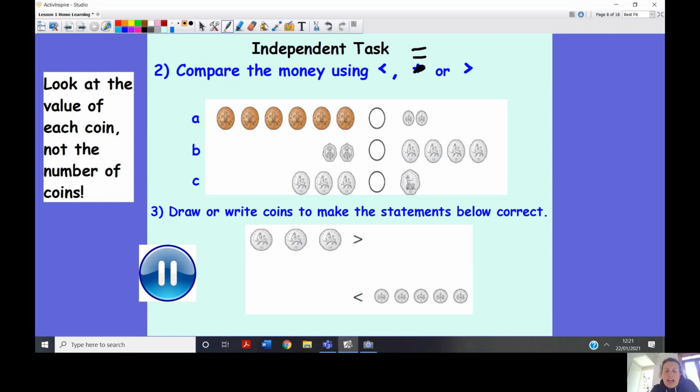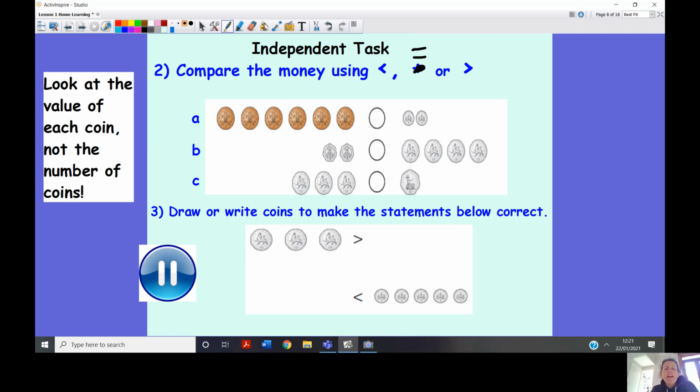So you need to look at the money each side of the circle, and using one of our symbols, less than, equal, or greater than, to compare the coins. So you're just going to write the symbol. You don't need to copy out all the money.